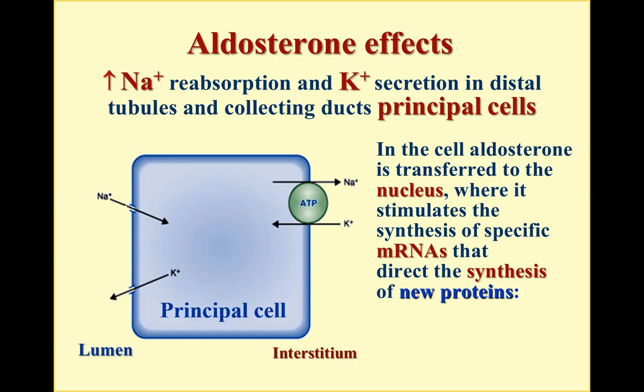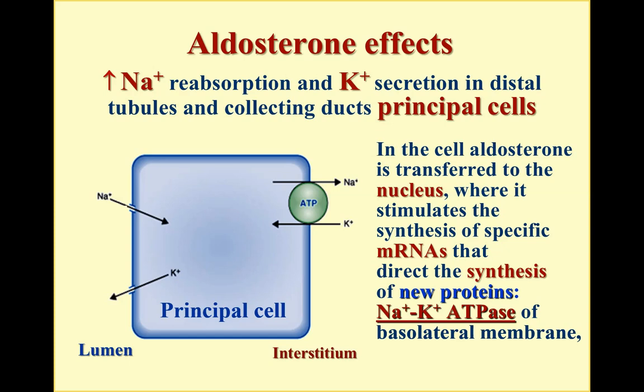And these new proteins are the following. Number 1 is sodium-potassium ATPase of the basolateral membrane, where sodium is pumped out of the cell in the direction of interstitial fluid and blood. So it simply appears immediately in the extracellular fluid.